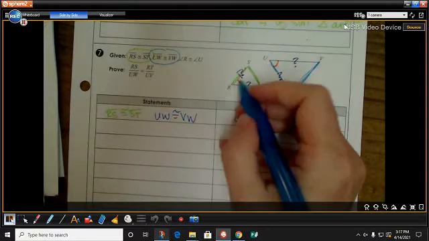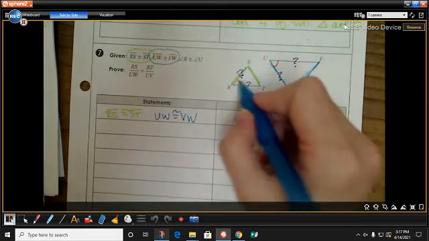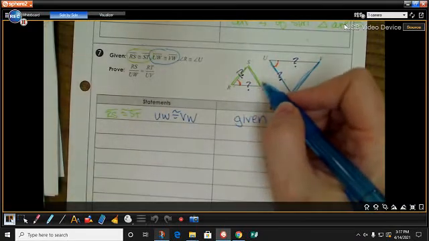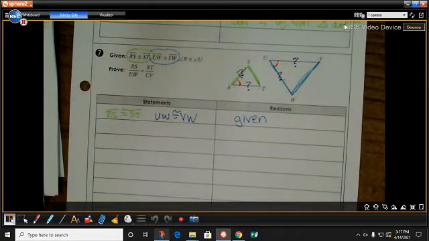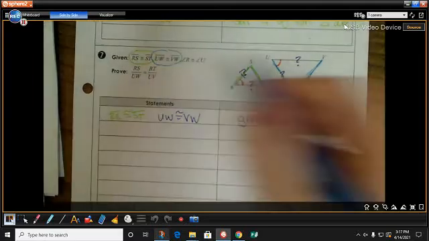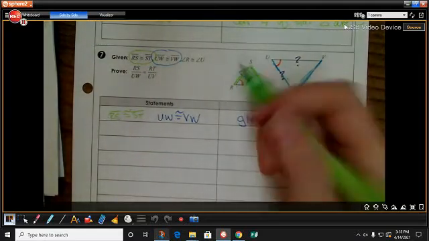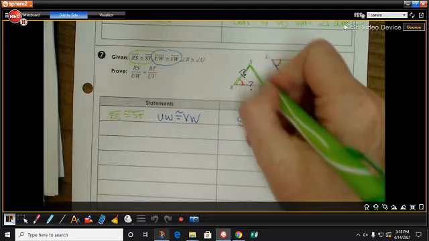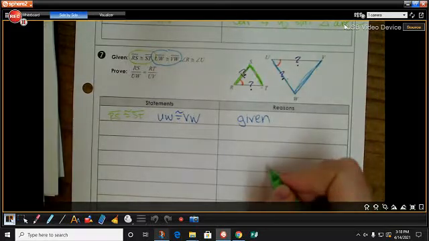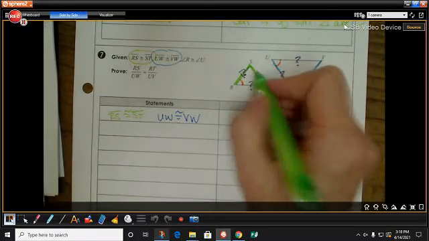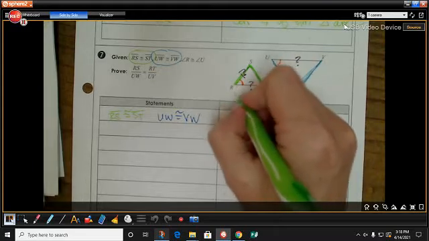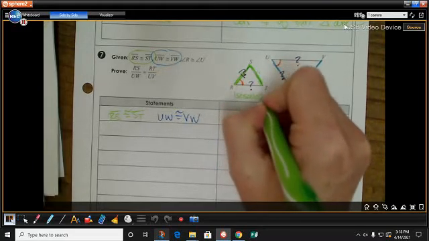And I'm thinking, I need to prove that the triangles are similar so that I can say that these are proportional, but I don't have any lengths here. I do know, however, that I have two sides of the same triangle that are congruent. Well, if two sides of a triangle are congruent, that makes it isosceles.